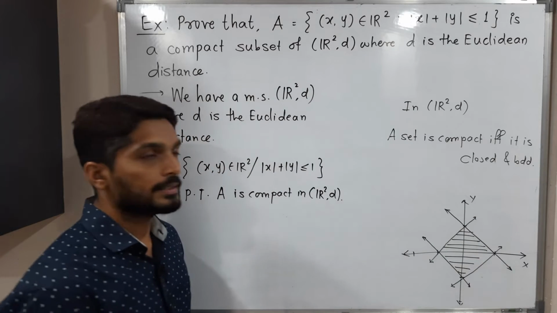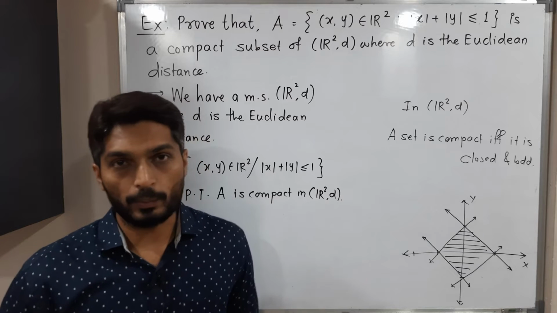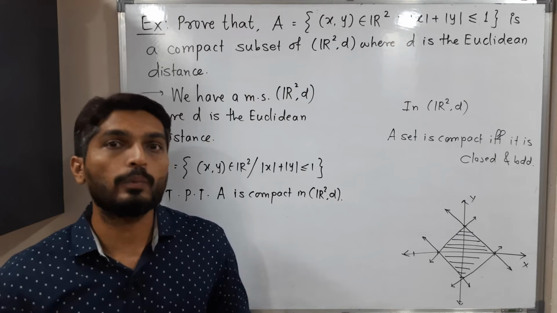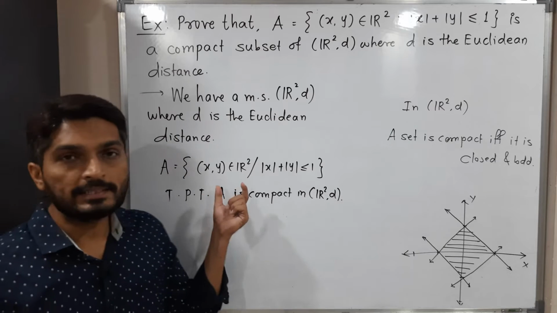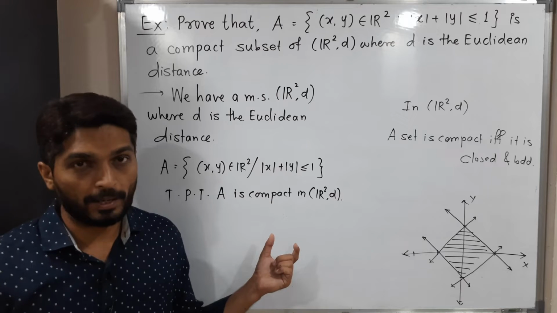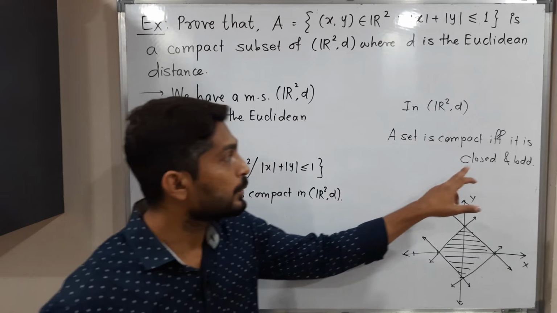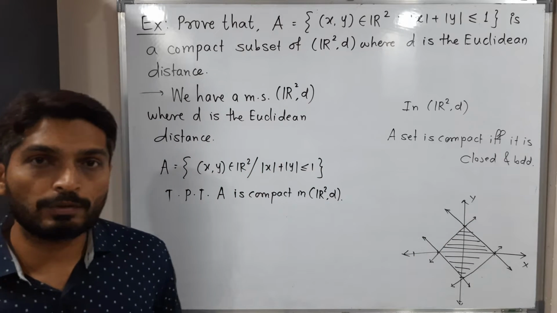The result is very simple. If the set is compact, then it is closed and bounded, and in the reverse way, if the set is closed and bounded, then it is compact. Here we have one set and we have to prove that it is compact. Using this result, we simply have to prove it is closed and bounded.